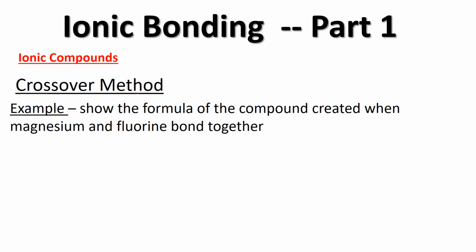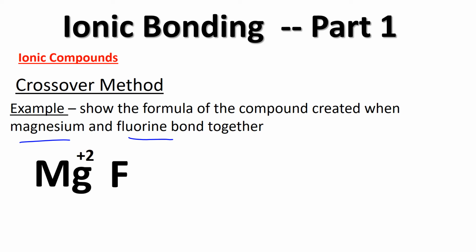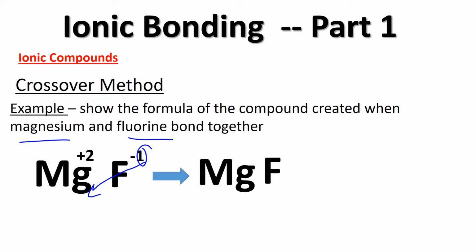Let's try this with the one previous. In our lesson, we did magnesium and fluorine. We put those 2 together. So we've got magnesium and fluorine. You look up their charges. We've got magnesium with a charge of +2, and we've got fluorine with a charge of -1. Cross it over. To figure out how many magnesiums there are, you go up to the number with the fluorine, that comes down, and it tells you there's 1, but we're not going to write the 1 in.